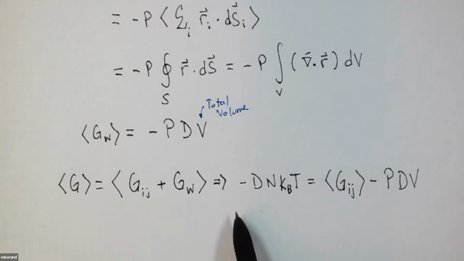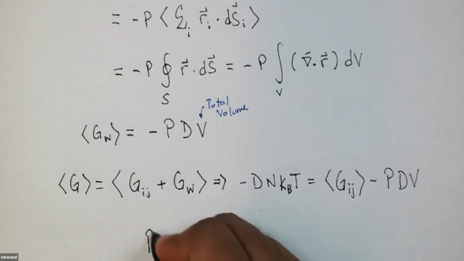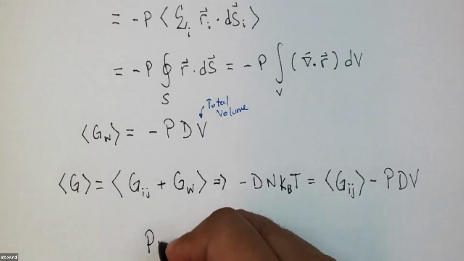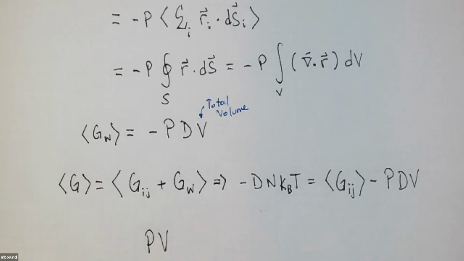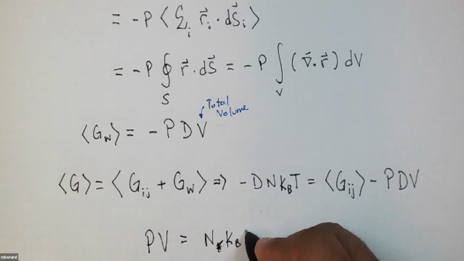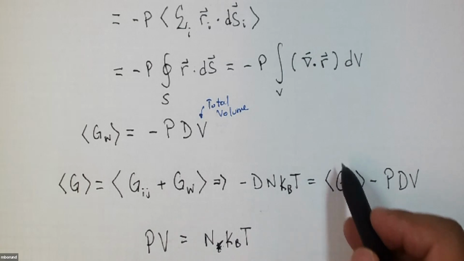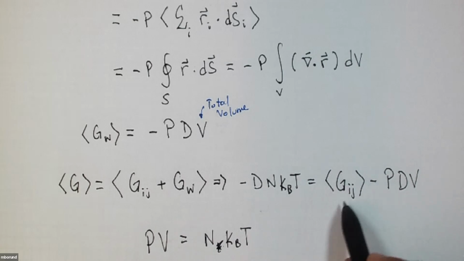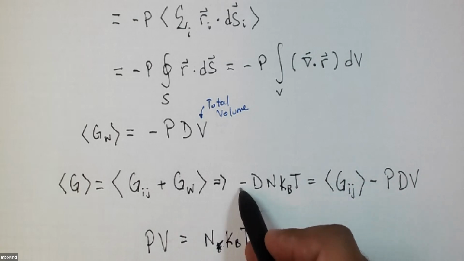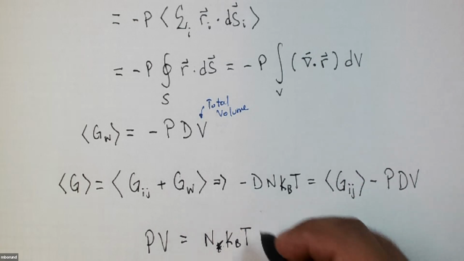So now I can do some algebra and write the following. I take this P and this volume, put it on this side, and then that is equal to N k_B T minus this guy, right? But there's a minus everywhere now. So I'm sending it to this side, so it's going to become minus, and minus becomes plus.